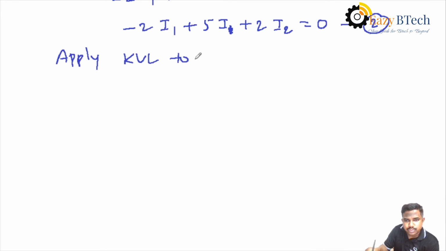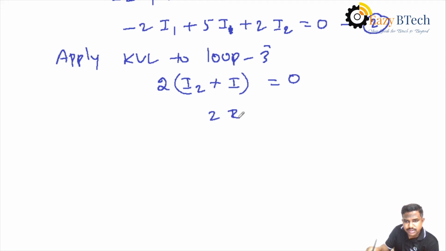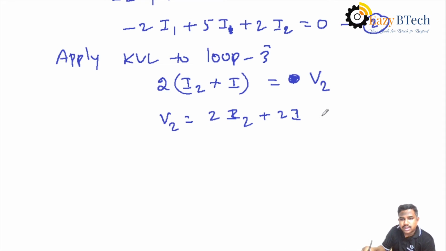Apply KVL to loop 3: 2 into (I2 plus I) equal to the voltage value, which is plus V2 because the current I2 is passing from lower potential to higher potential. That is 2 into I2 plus 2I equal to V2. This is the third equation.